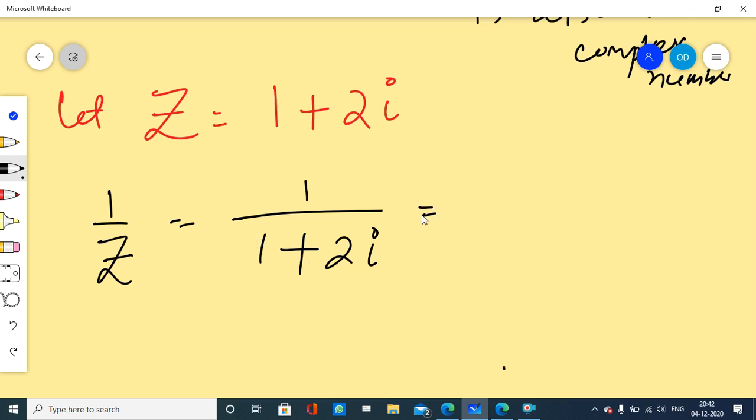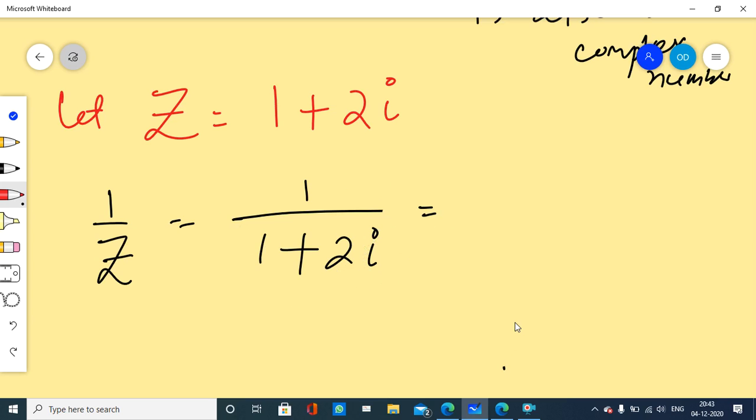Now see, in order to bring this to standard form, in order to find the multiplicative inverse of this complex number, the first thing is I have to get rid of this i somehow.